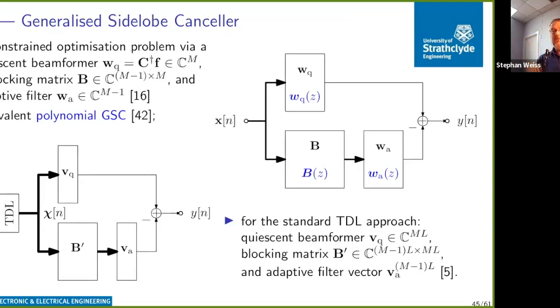Just to briefly indicate how this LCMV beamformer works, we use a generalized sidelobe canceller, which turns this constrained problem into an unconstrained one.